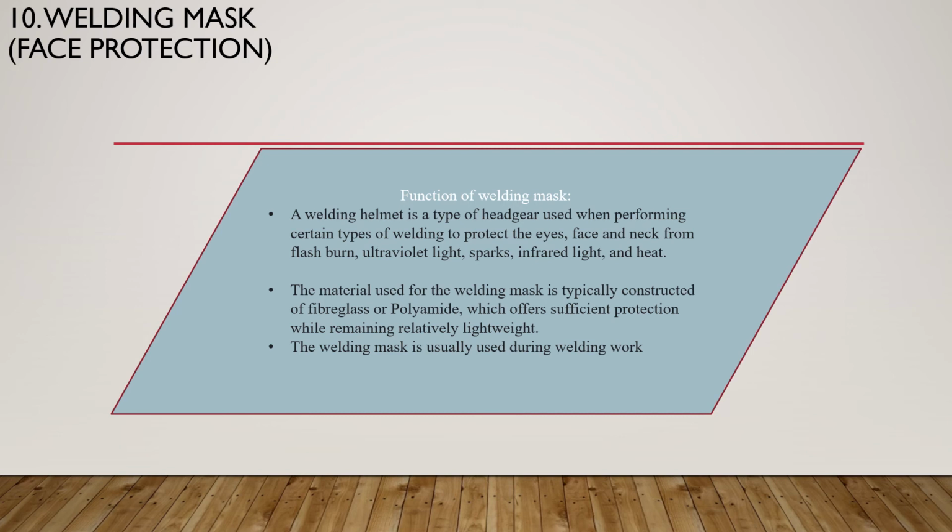The material used for the welding mask is typically fiberglass or polymer, which offers sufficient protection while remaining relatively lightweight. Basically, the helmet or mask is light, although it looks like heavy equipment. Okay, so yeah, the welding mask is used during welding work.